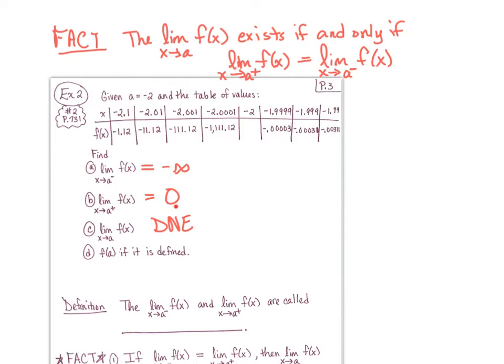The right-hand limit is approaching 0. So the reasoning why this does not exist is that the limit of f of x as x approaches a from the left does not equal the limit of f of x as x approaches a from the right. And instead of a, of course, you can write -2 because that's what we're looking at here.